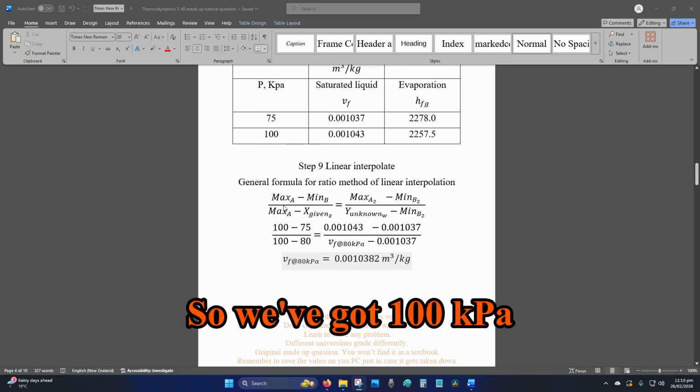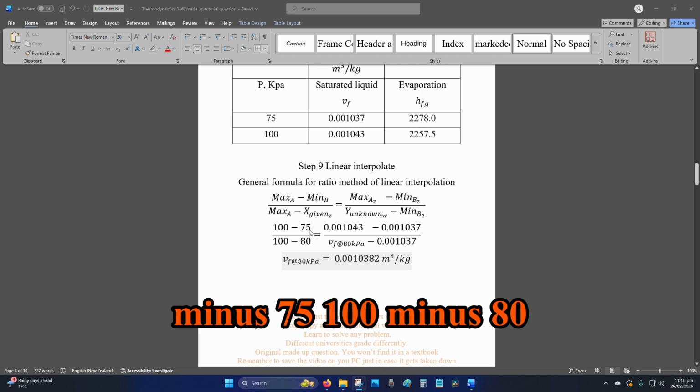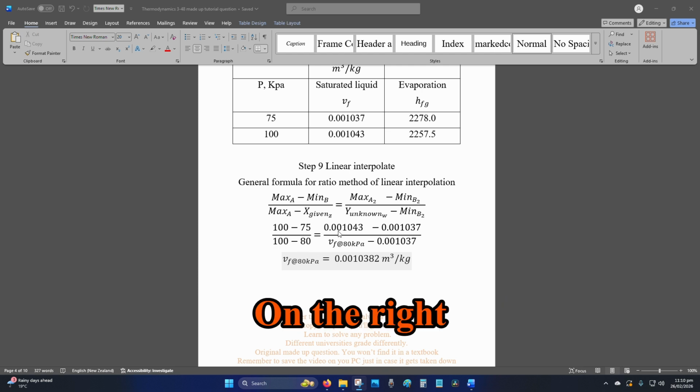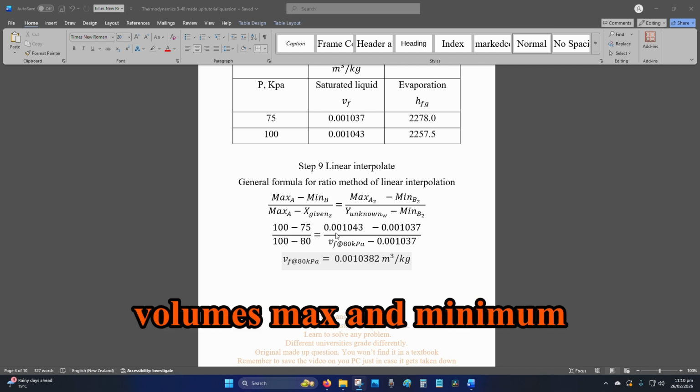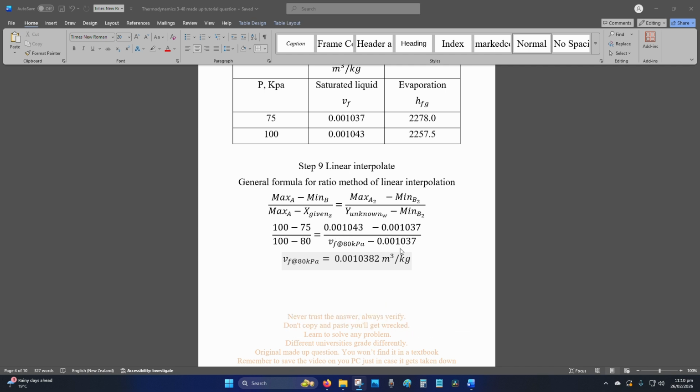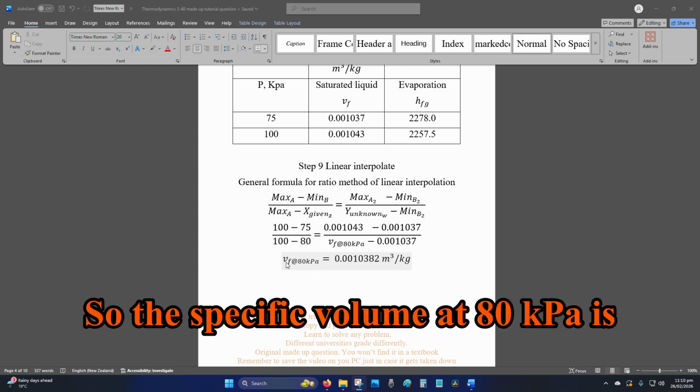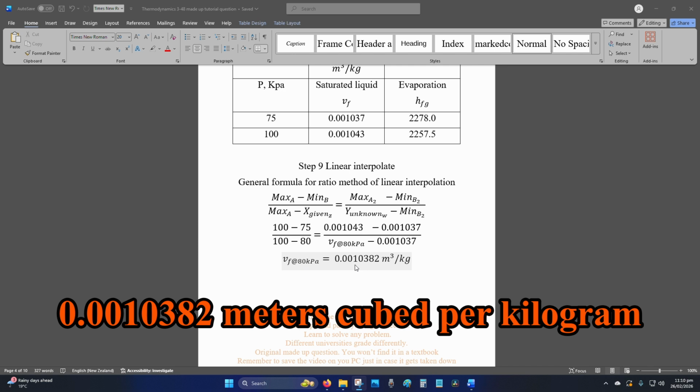So we've got 100 kPa minus 75, 100 minus 80. On the right, we've got our specific volumes, max and minimum. So the specific volume at 80 kPa is 0.0010382 meters cubed per kilogram.